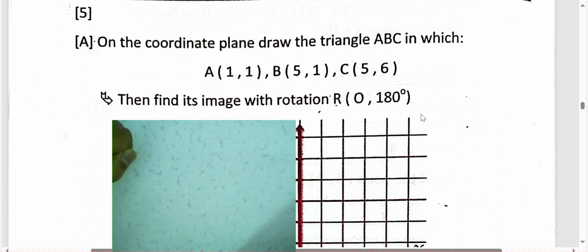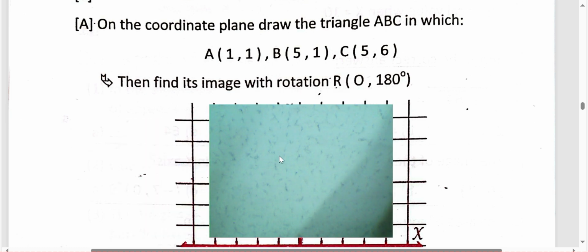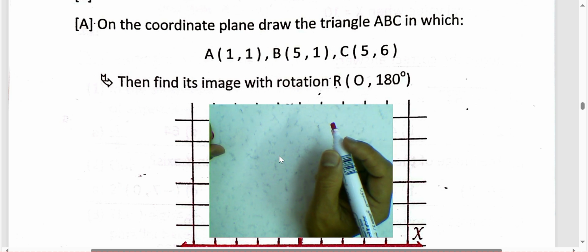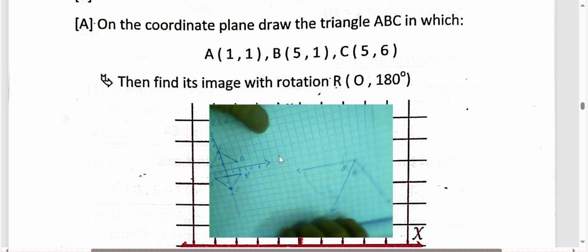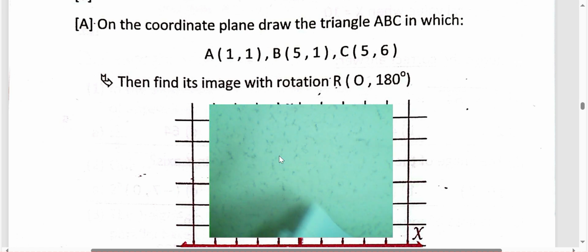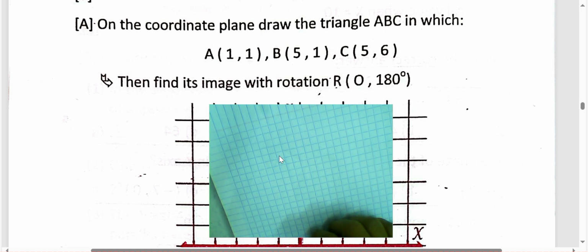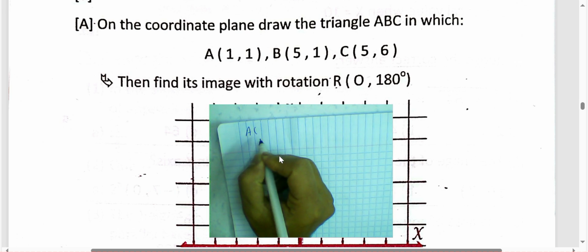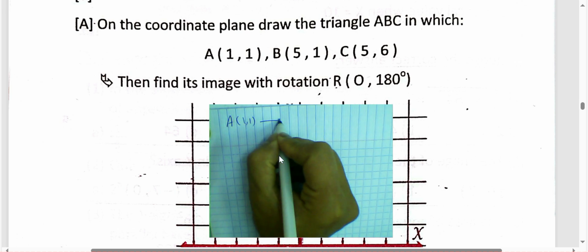Next question. In the coordinate plane, draw triangle ABC and find its image under rotation around 0 by an angle of 180 degrees. First step, we write the points A, B, and C. We have the point A, the coordinates are (1, 1).